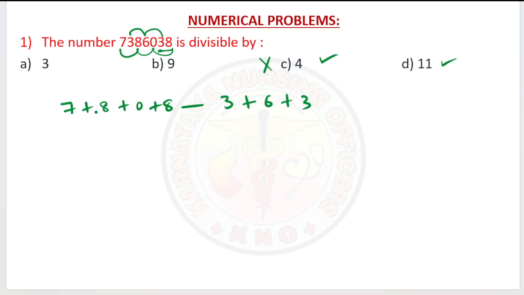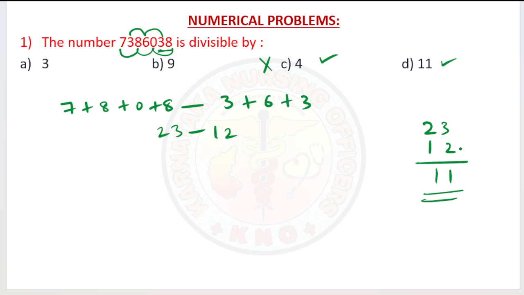So 7 plus 8 is 15, 15 plus 8 is 23. Minus 6 plus 3 is 9, 9 plus 3 is 12. So do the subtraction, 23 minus 12. 3 minus 2 is 1, 2 minus 1 is 1, so 11.